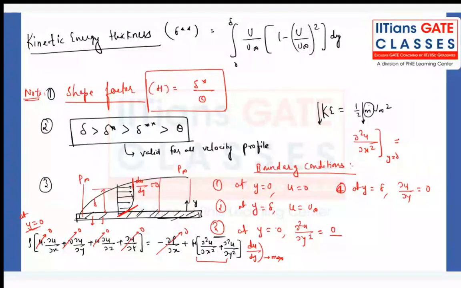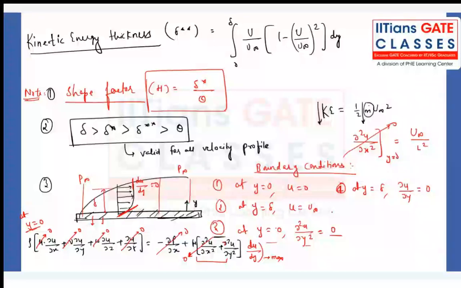By order of magnitude analysis, what you can write? U infinity by L square. Now, as compared to delta, this L is a very, very large quantity. So again, this term will be gone. So you are left with only dou square u by dou y square, and that is equal to 0. From here also, from mathematics or from the Navier-Stokes equation at y equal to 0, you will be getting the boundary conditions.